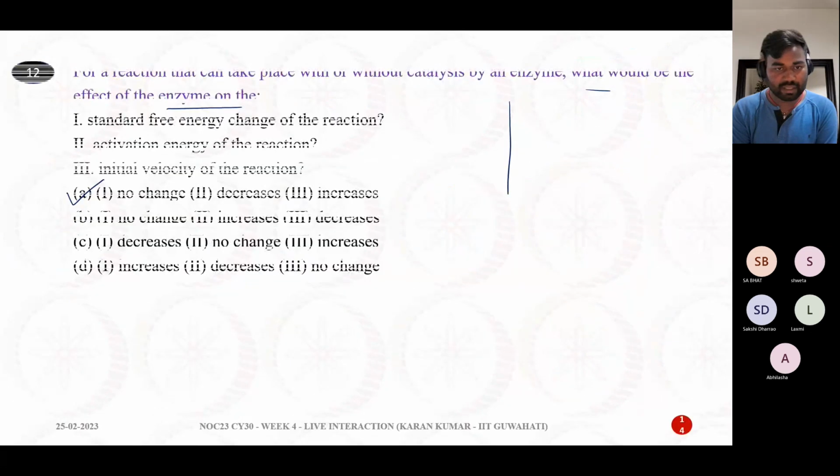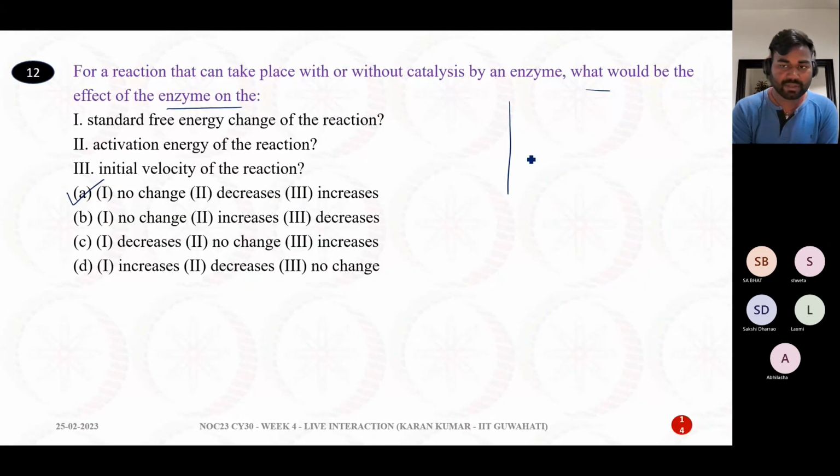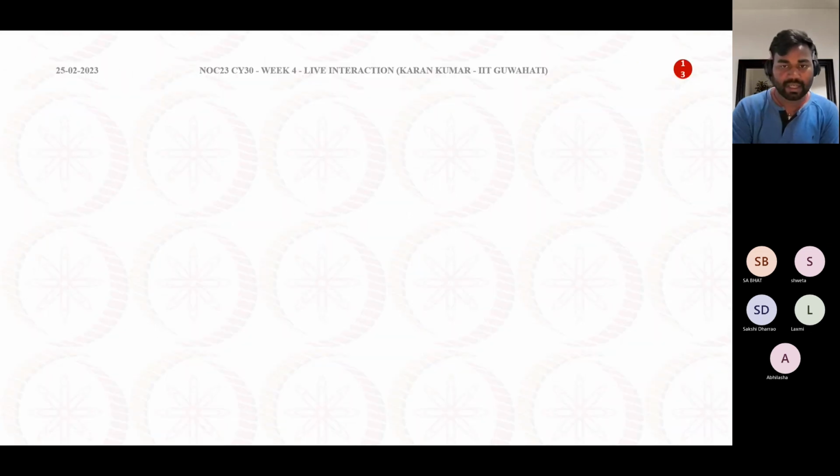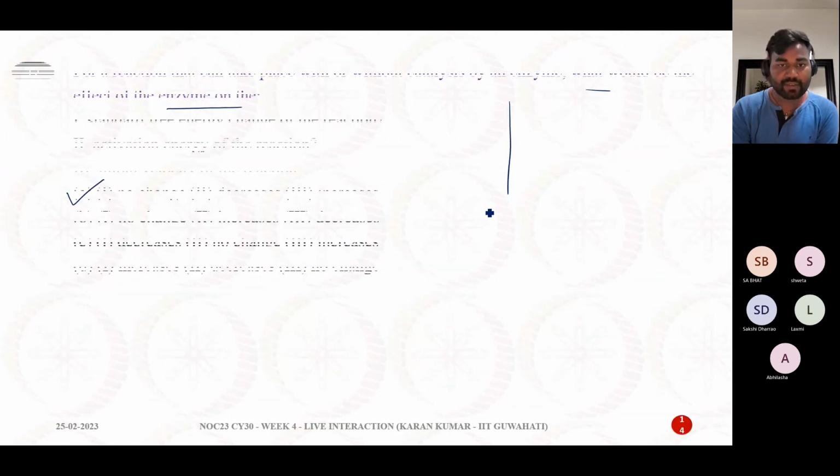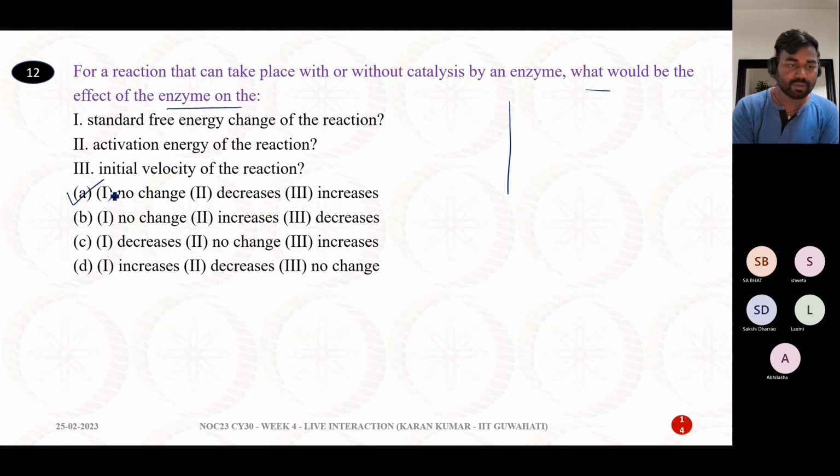And initially when the enzyme is present, the substrate can bind much more easily, and because the substrate concentration is much greater than the Km, the initial velocity will increase. Okay, so option A is correct.